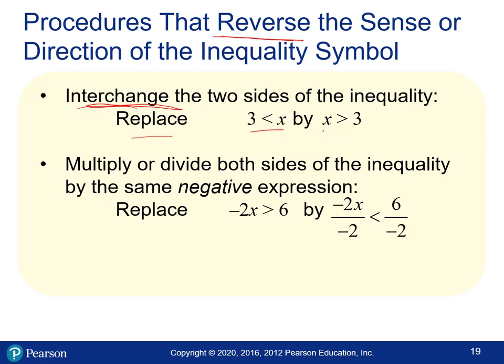Everything would switch or interchange. So x greater than 3. And then the big one here is if you multiply or divide by something negative, then you're always going to flip your symbol. So we just talked about this, but if you divide or multiply by a negative number, then you have to flip your inequality symbol when you perform that operation.